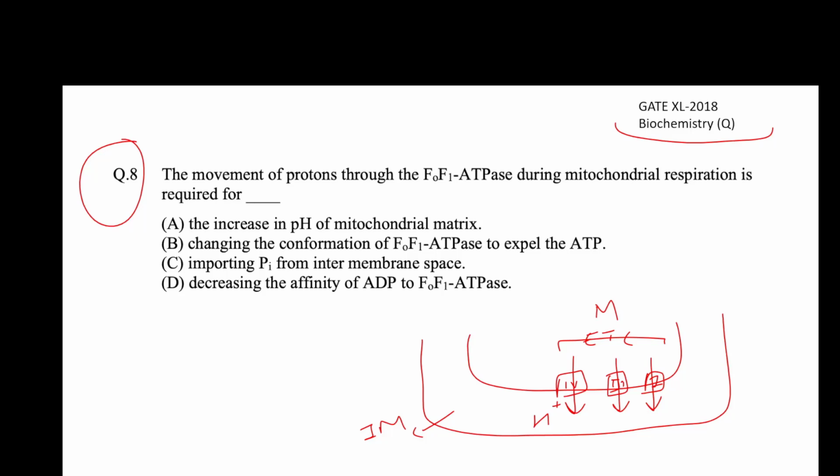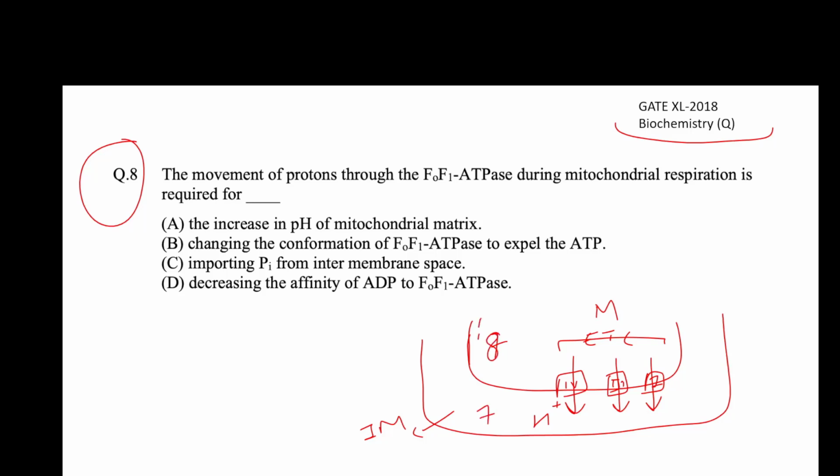So the pH difference takes place, and the pH of the inner matrix becomes higher. Generally there is one pH unit difference, and here this becomes 8 and this becomes 7.